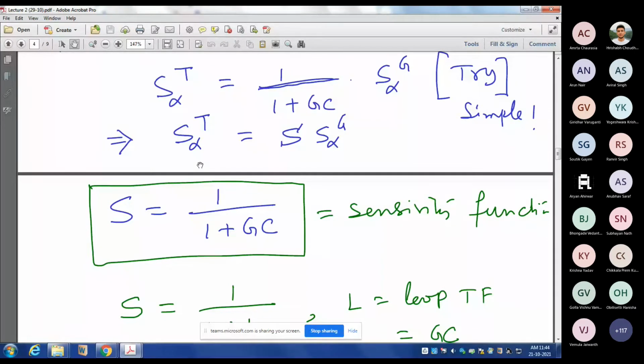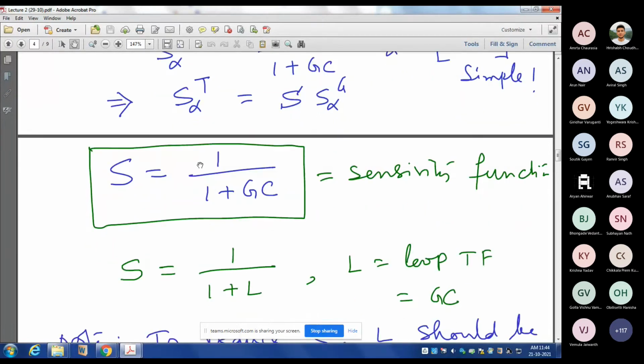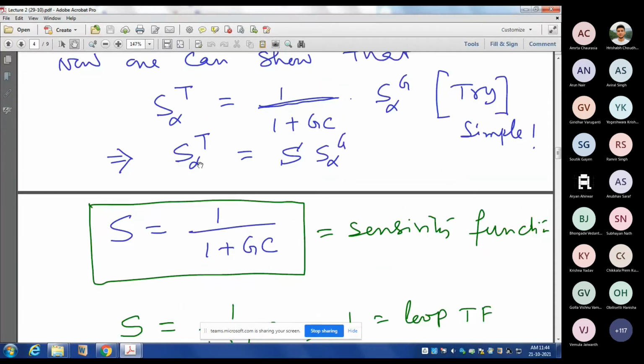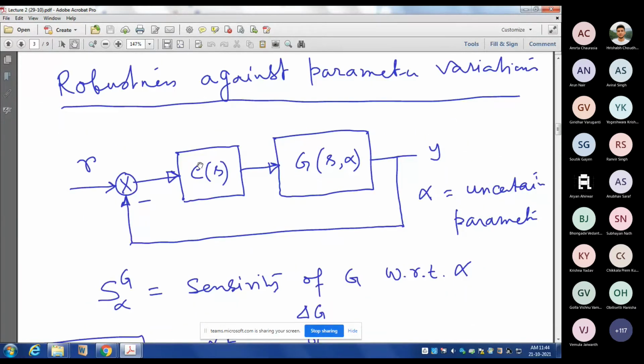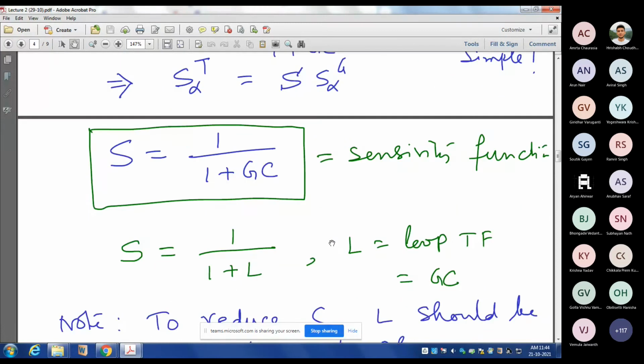So you can make a feedback system robust against parameter variation if you can design the controller C such that S is as small as possible. Got it?